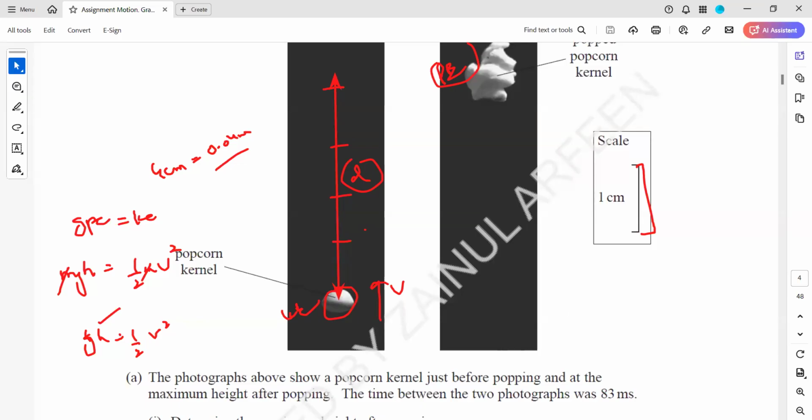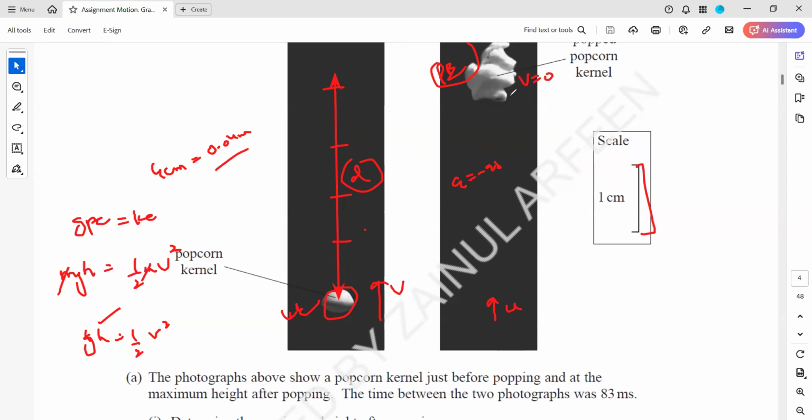This is one way of doing the question. You can also use the equations of motion. As it is going up, it will have a deceleration of minus 9.8. At the maximum height, its velocity will be 0, so final velocity is 0. Initial velocity we are finding.